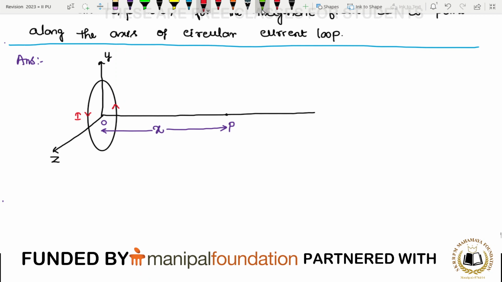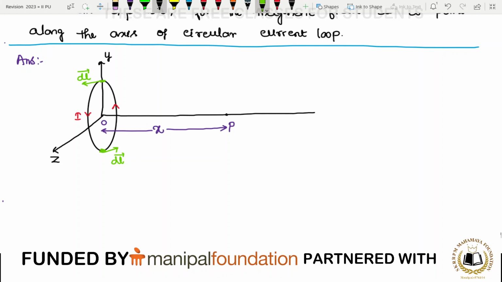So I'll take now two diametrically opposite current elements. So one piece is here, that is dl vector here. And one more I'll take here, diametrically opposite.